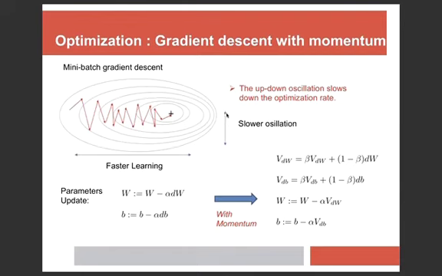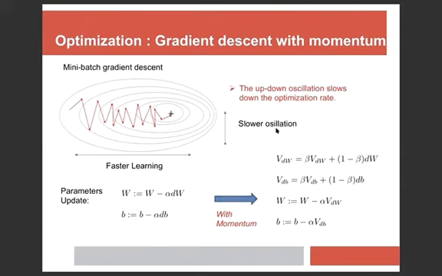Therefore, we wish to have faster learning towards the optimal value and less oscillation in the oscillation direction. That's why we want momentum: to decrease the up and down oscillation and to increase the trend toward the optimum.